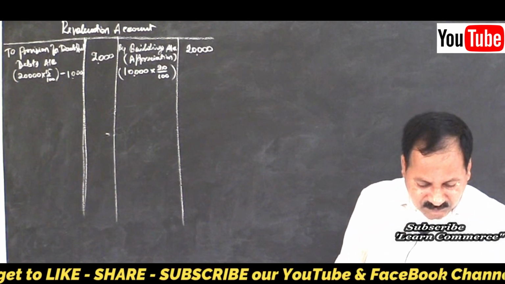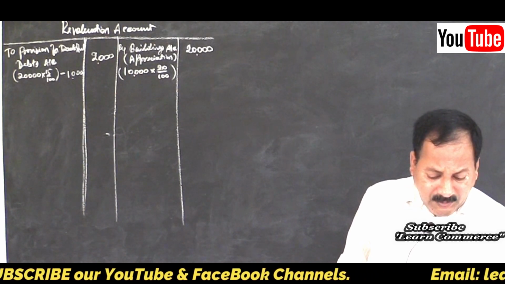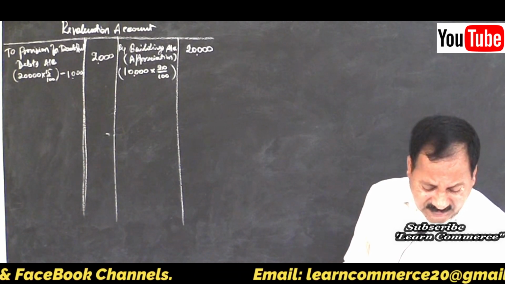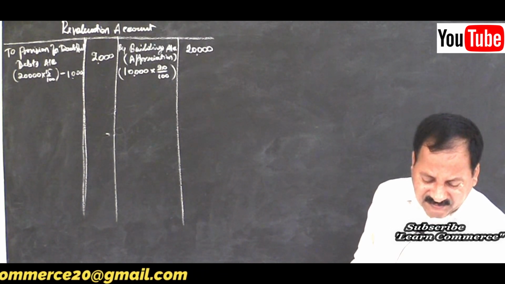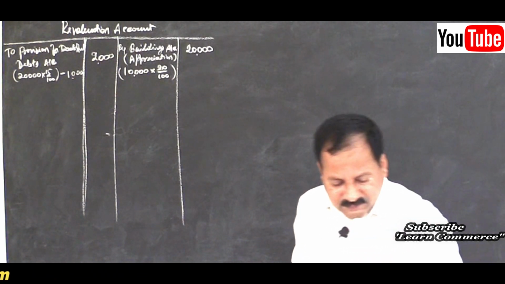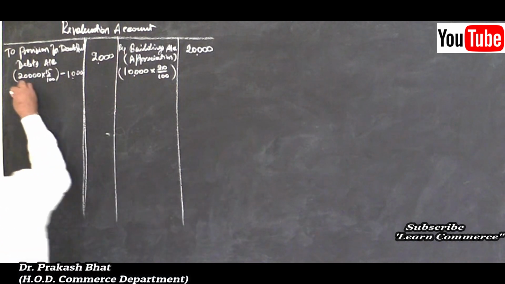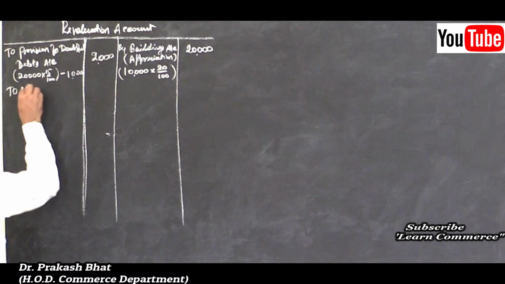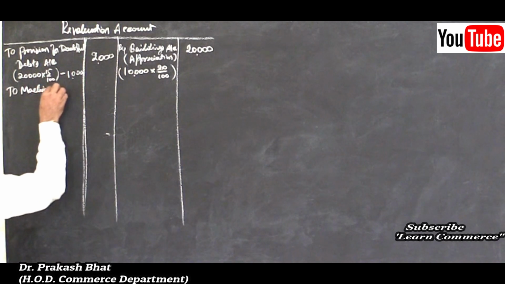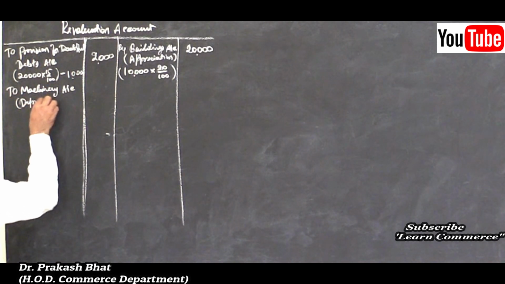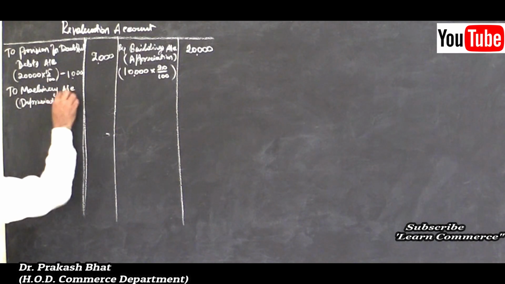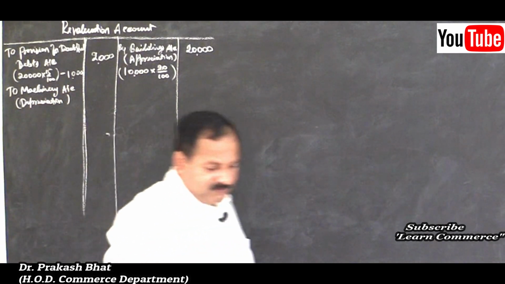Then machinery to be depreciated by 20%. So debit side to machinery account, depreciation. 50,000 is the machinery value, I think it is 50,000.